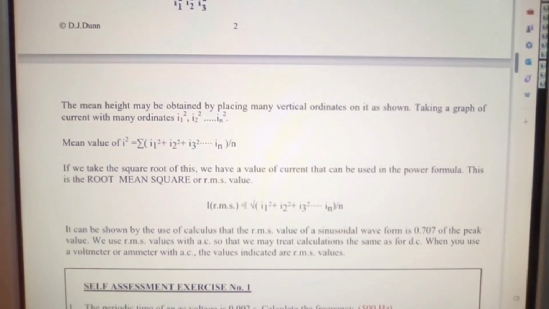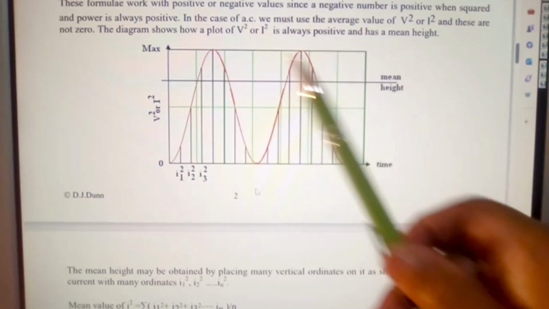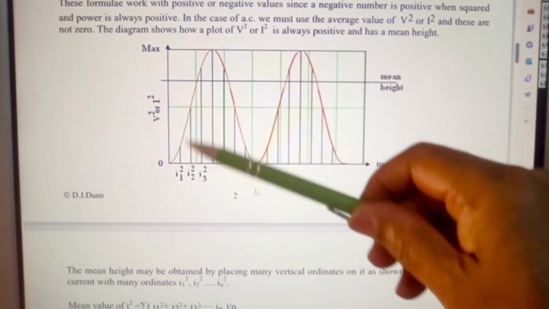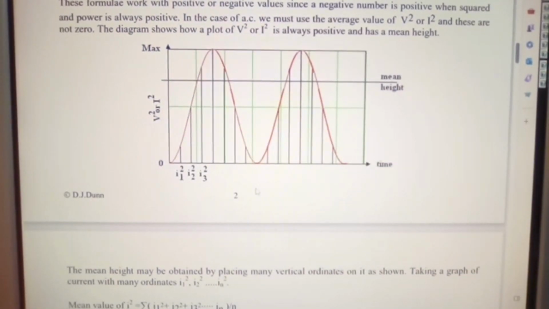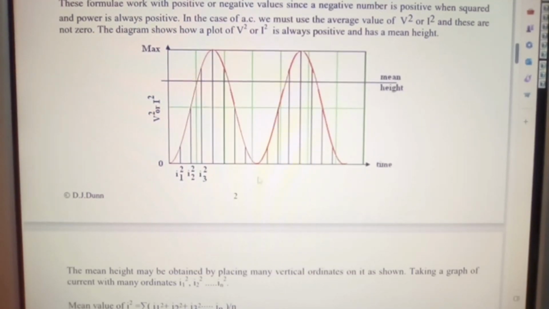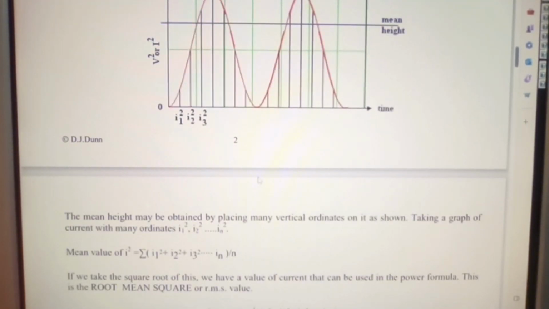Now the mean height, what we're going to try and do here is find the mean height of the total area of this wave. I would say half wave actually, basically, but that's how I would look at it from my style of learning.